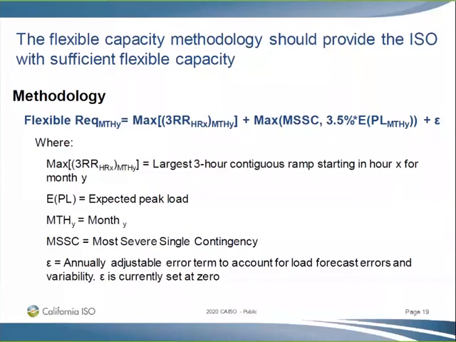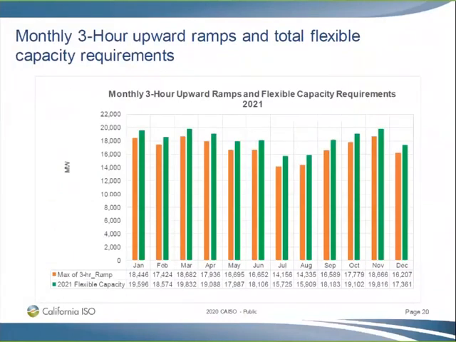So jumping to slide 20. Slide 20 is really a summary of the first 19 slides, what it is we did. Here we tried to combine everything into one plot so you can see the 3-hour flexible capacity needs for 2021, and you can see the 3-hour expected maximum monthly ramps that we'd expect to see.